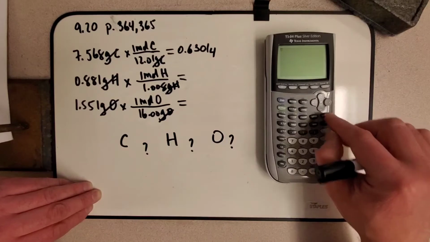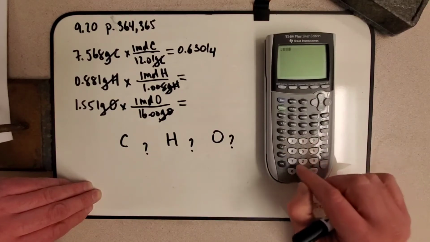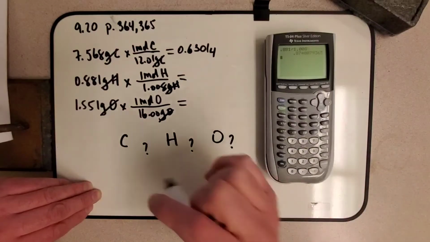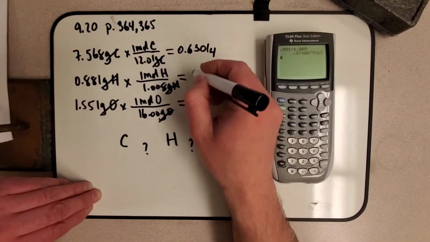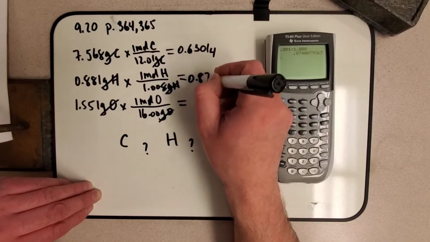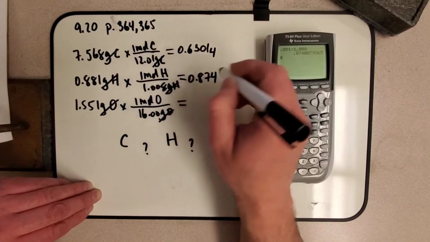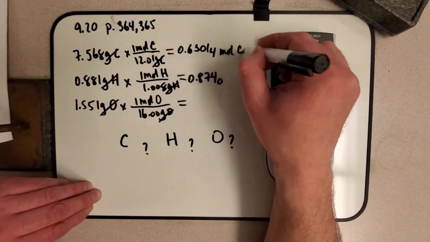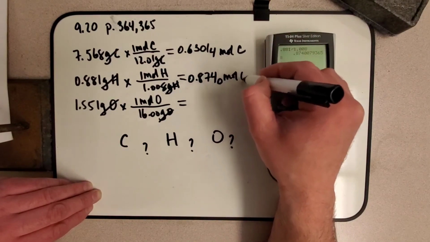Now 0.881 divided by 1.008 has 3 significant figures, so it will be 8.74, and I'm going to have a little 0 here. And again, I forgot to put moles of carbon, moles of oxygen.